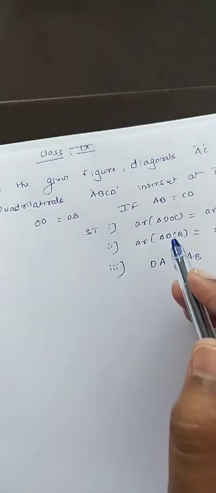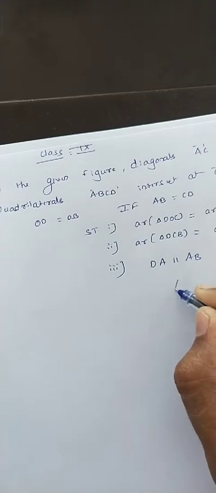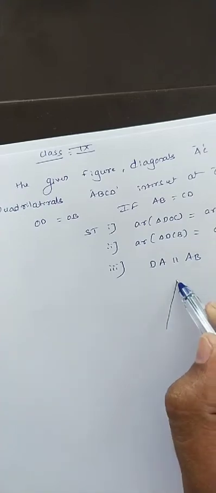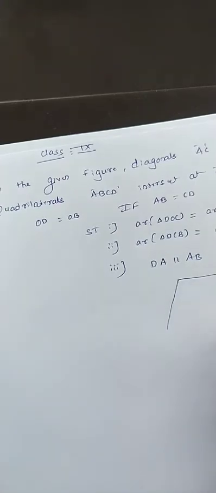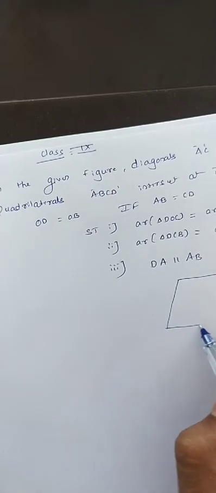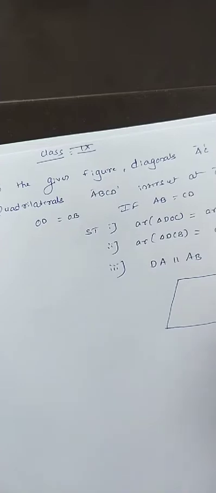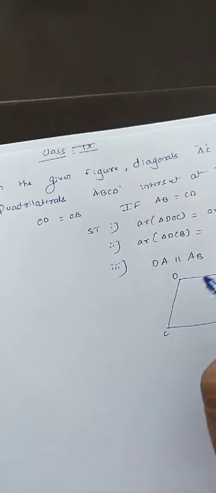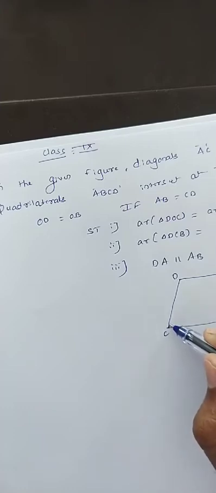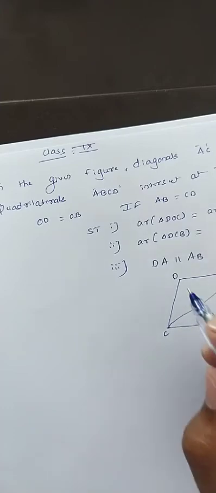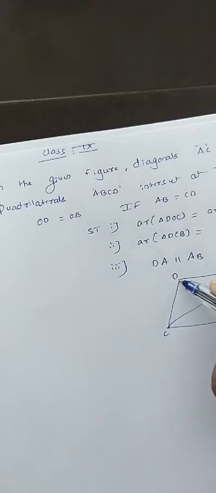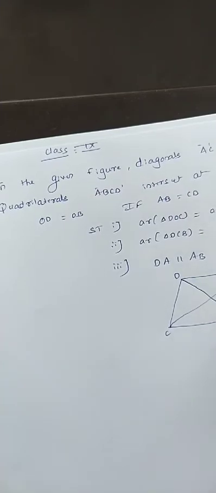So I will draw a figure of a quadrilateral. This quadrilateral I will call ABCD, and I will draw one diagonal AC, and BD is also a diagonal. So these are the two diagonals AC and BD.